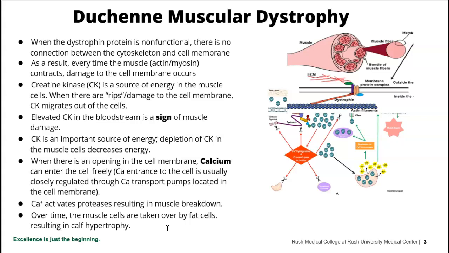When I see a 6 or 7-year-old, we're going to talk about the clinical symptoms in a second, it might be 6,000, both certainly far in excess of normal. But by maybe 20, it might only be 1,000. The reason for that is the muscle has been so destroyed that there's just no muscle left.